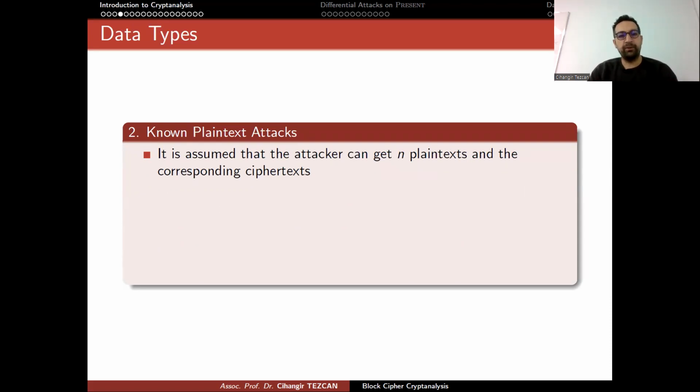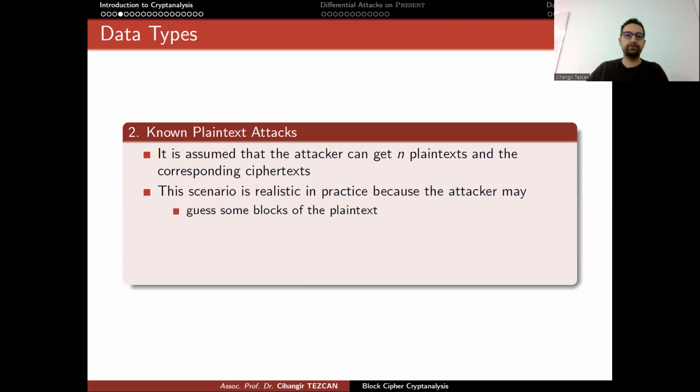So the second type of attacks are known-plaintext attacks. It is assumed that the attacker can get n plain texts and the corresponding ciphertexts. So that's it. You don't have any control over what the plain text or ciphertext is. You don't know in what form they will be, but you get n plain text blocks, let's say, and then corresponding ciphertext blocks.